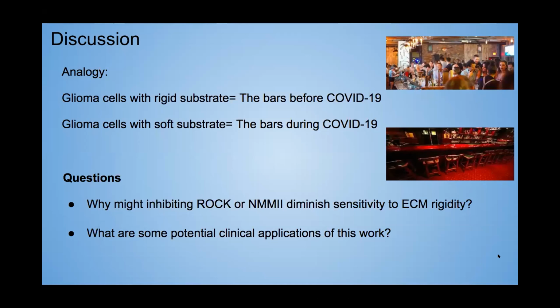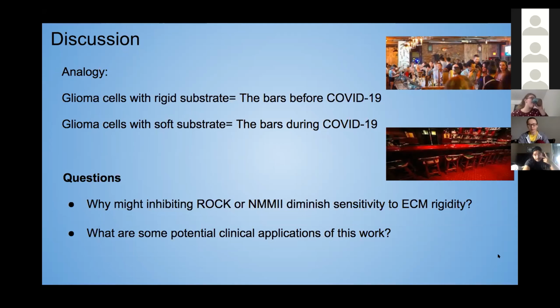If anybody has any potential answers or any thoughts, even anything they want to bounce around. I thought it was so interesting that when you inhibited ROCK or myosin, the cells looked like they were on the stiff substrate. That's so weird. That was pretty cool. I don't really know.